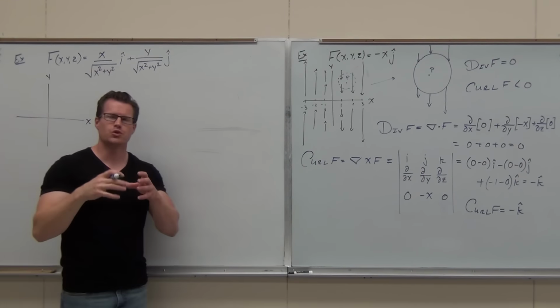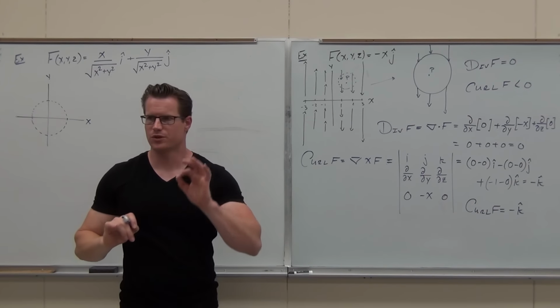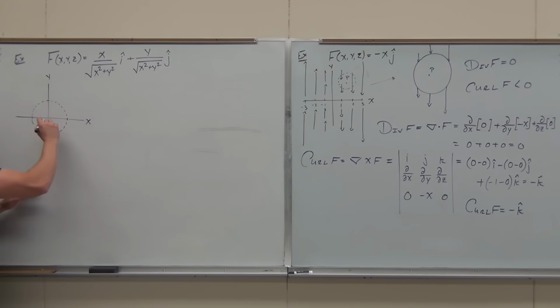If they're all unit vectors, and they're radiating from the origin with a magnitude of 1, then all of these vectors are going to go out from the origin, and they would hit a unit circle.